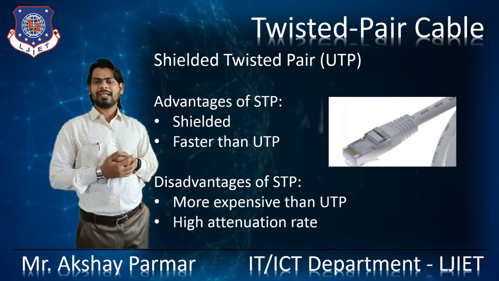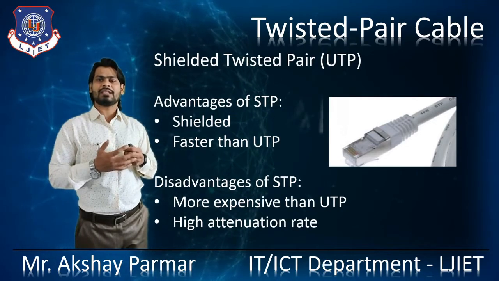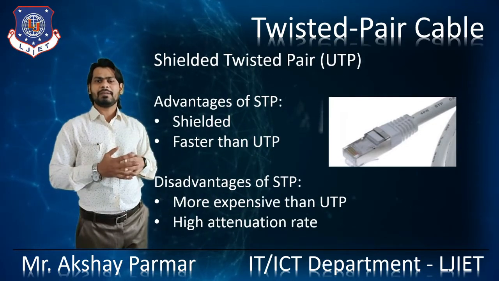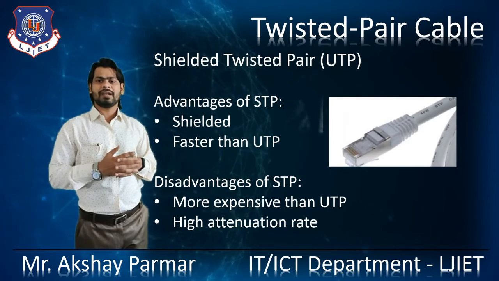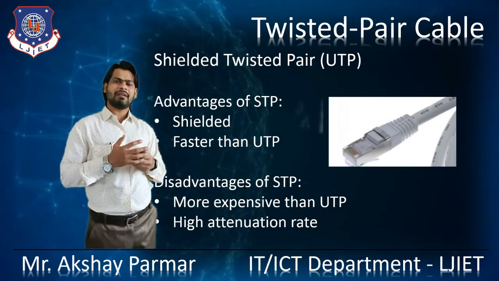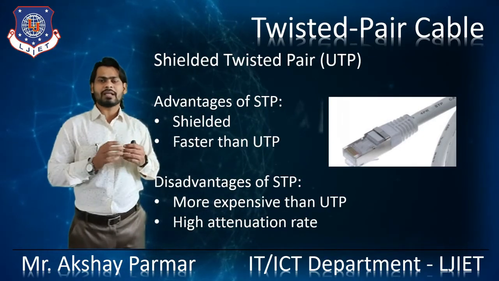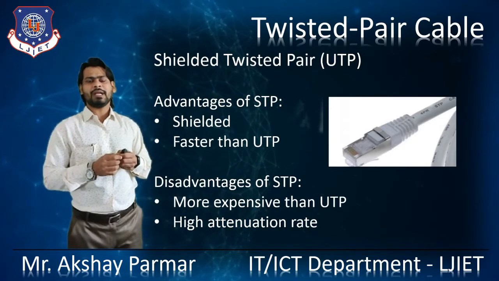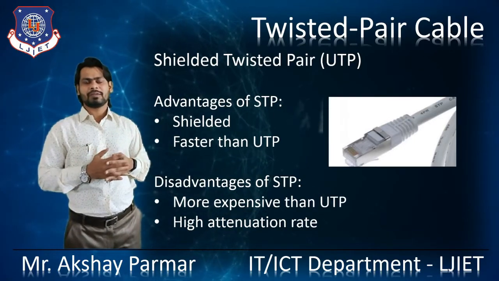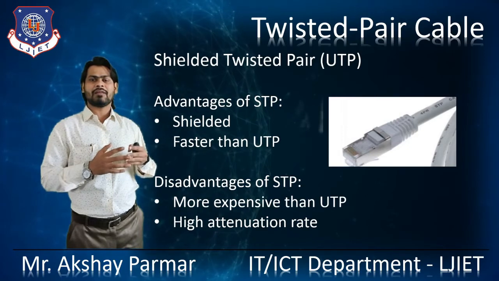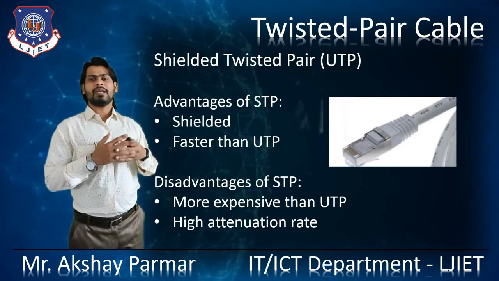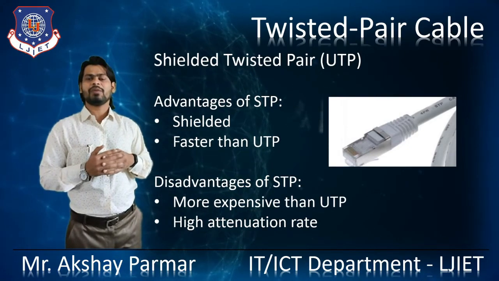The advantages and disadvantages of the STP. The STP is shielded, so this is the major advantage. It is faster compared to the UTP. Where a higher transmission rate is needed, we use the STP compared to the UTP.